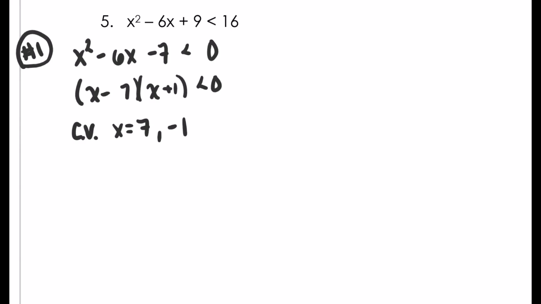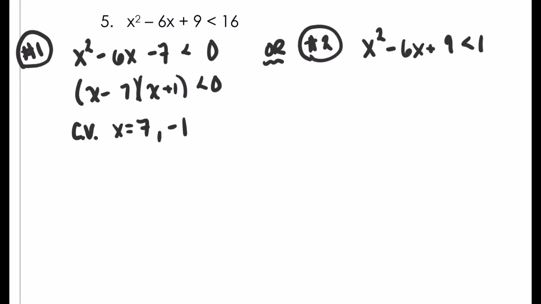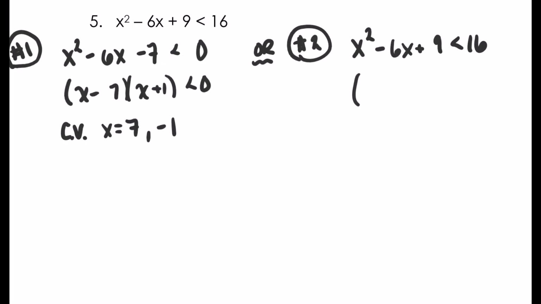All right, so that's the same technique that I just did on 3 and 4. Now look at what happens if I wanted to solve it using the method that I used on 1 and 2. So notice that I'm, again, starting off with x squared minus 6x plus 9 is less than 16. Well, the left-handed side is one of my special factoring patterns, and this is x minus 3 quantity squared is less than 16.